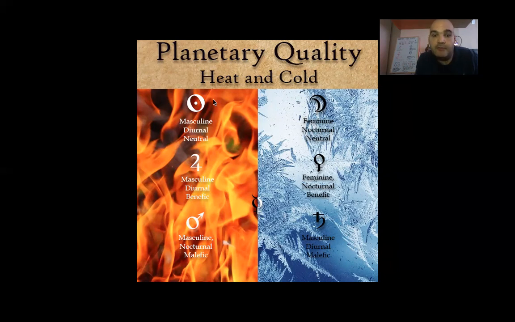So here on the masculine side, you have the sun, Jupiter and Mars, and on the feminine side, you have the moon, Venus, and Saturn. Obviously, the masculine side corresponds with air and fire, and the feminine side corresponds with water and earth.